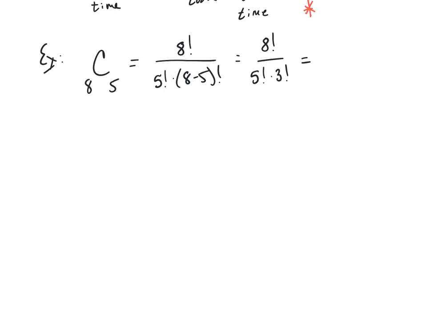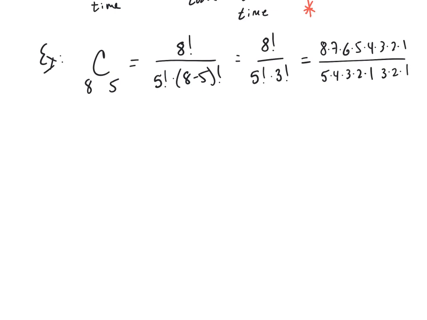I'm just going to choose to not use my calculator this time and use the definition of factorial. So 8 factorial is 8 times 7 times 6 times 5 times 4 times 3 times 2 times 1. 5 factorial is 5 times 4 times 3 times 2 times 1. And 3 factorial is 3 times 2 times 1.